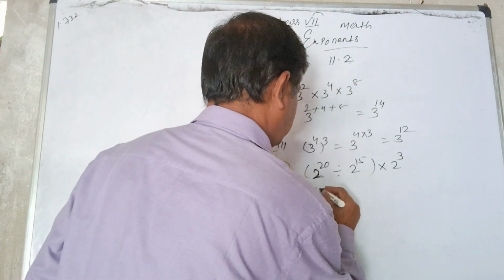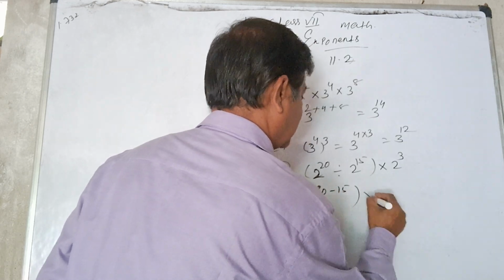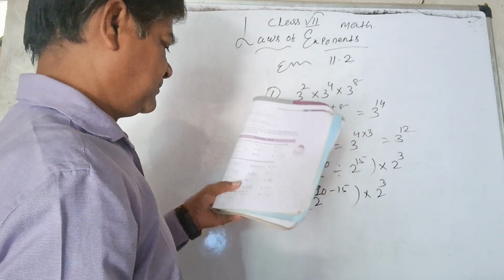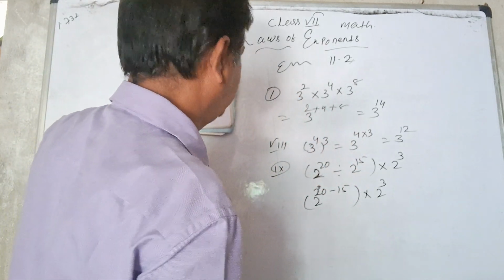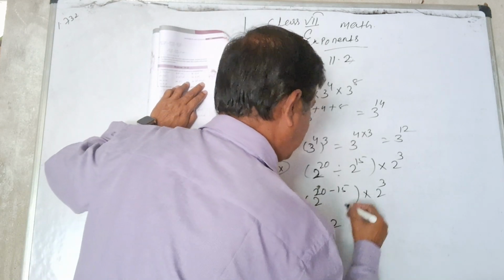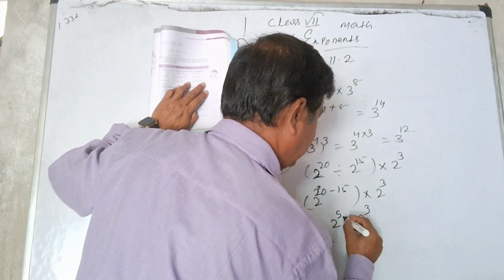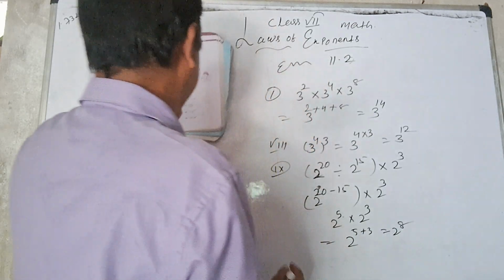That means 2 to the power 20 minus 15, into 2 to the power 3. 20 minus 15 is 5, into 2 to the power 3. The answer will be 2 to the power 5 plus 3, so 2 to the power 8 is your answer.